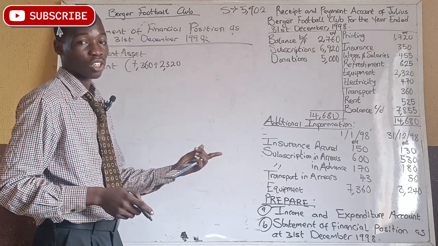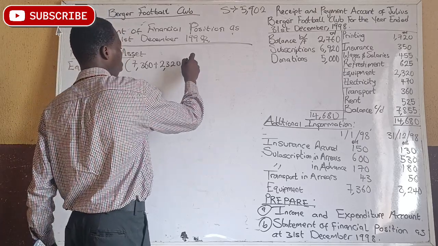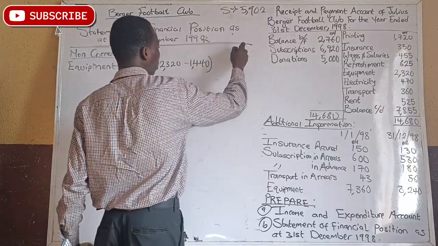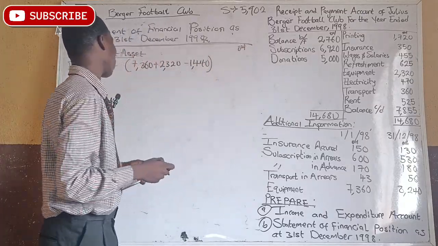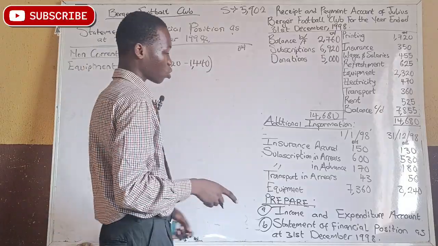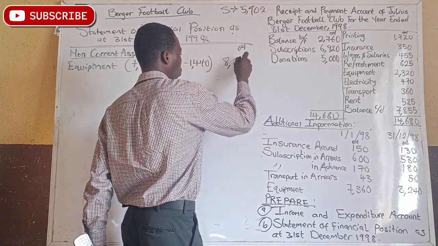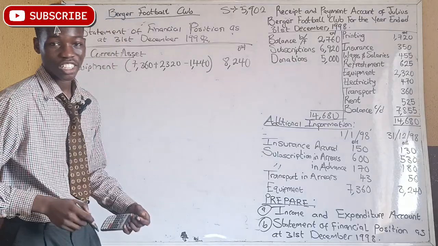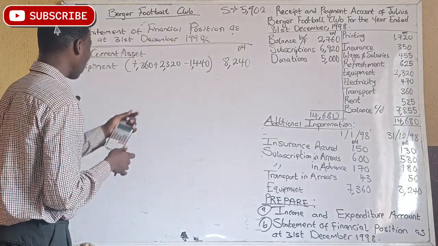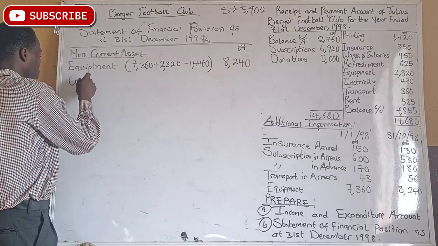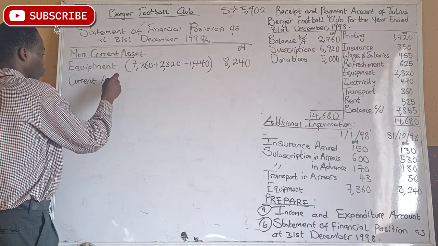The depreciation we calculated was 1,440. Therefore, the value of our equipment at the end is going to be 8,240. Do you get the logic now? Now you can try it. Then we'll move to our current assets.